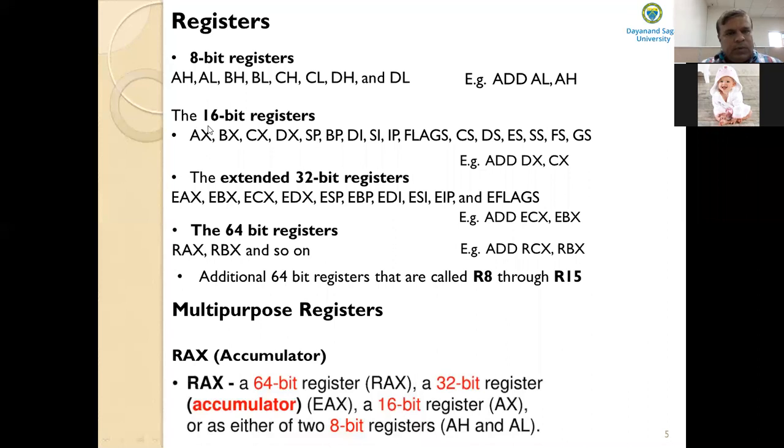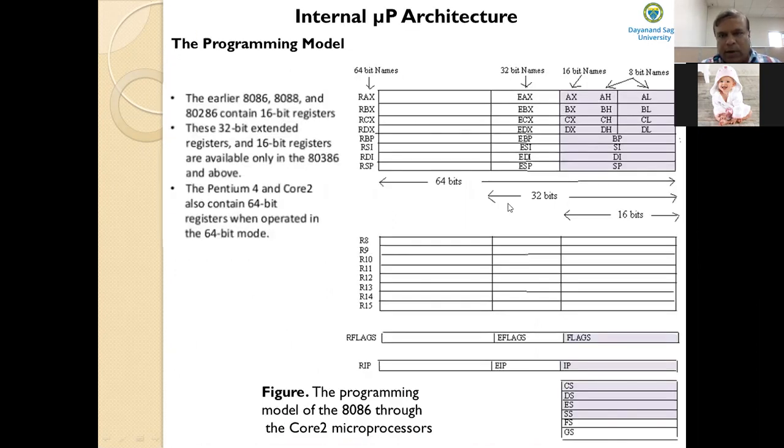And which are the 16-bit registers? The 16-bit registers are AX, BX, CX, DX, SP, BP, DI, SI, IP, flags, CS, DS, ES, SS, FS, and GS. Observe the programming model diagram here. Note that the shaded area represents the registers that are found in the 8086 microprocessor.